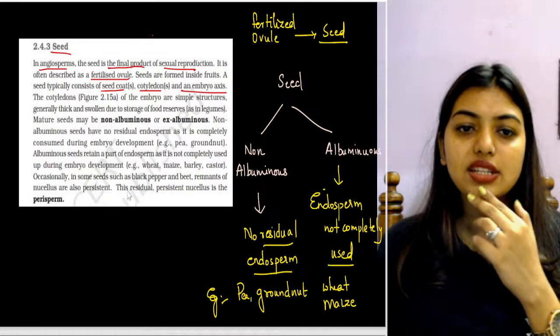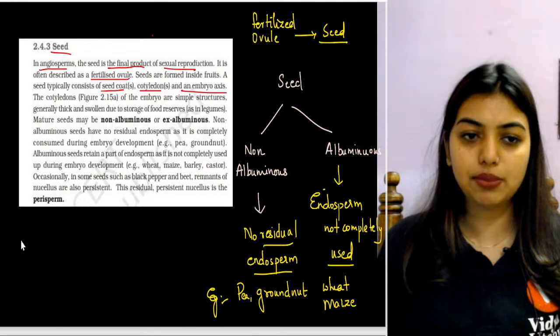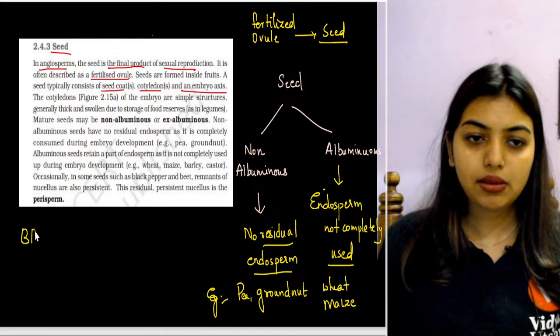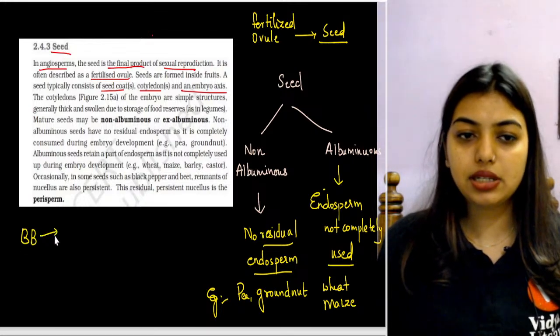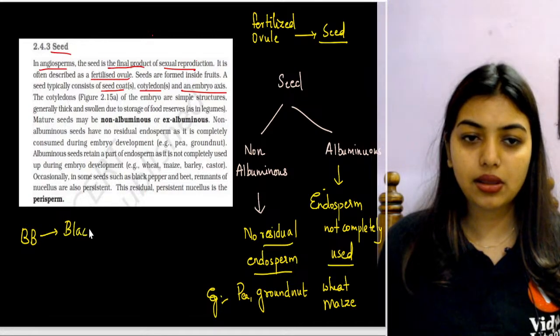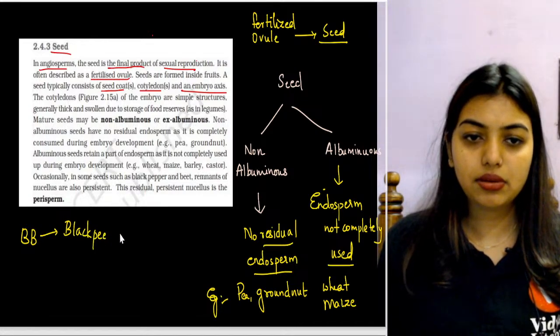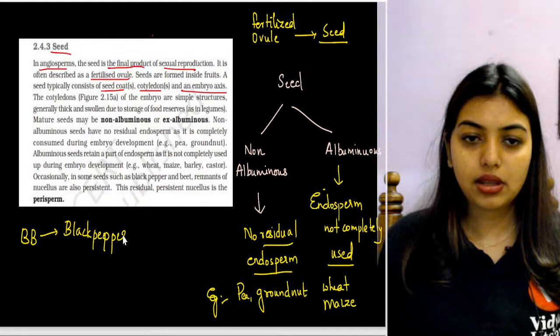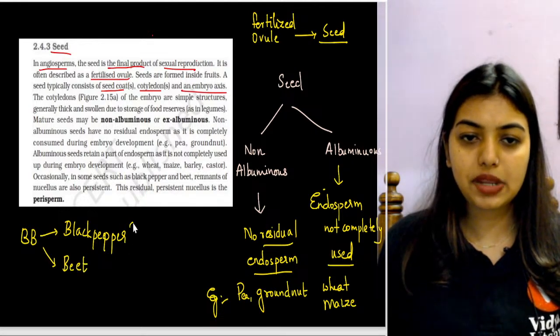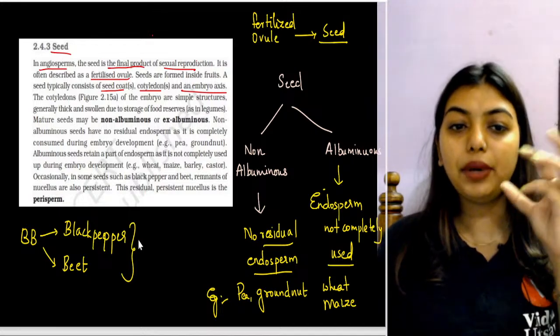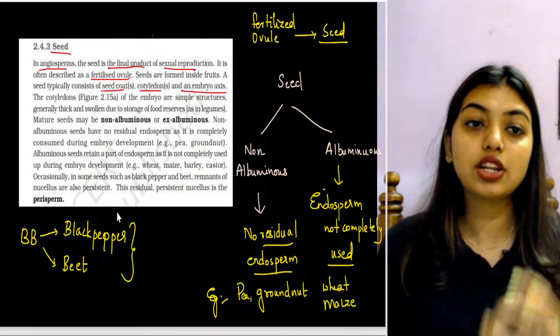Now occasionally in some seeds such as black pepper, this is very important, BB, that is black pepper and beet, what is going to happen, students? Perisperm you'll see. That means a persistent nucellus. Now where did nucellus come from?